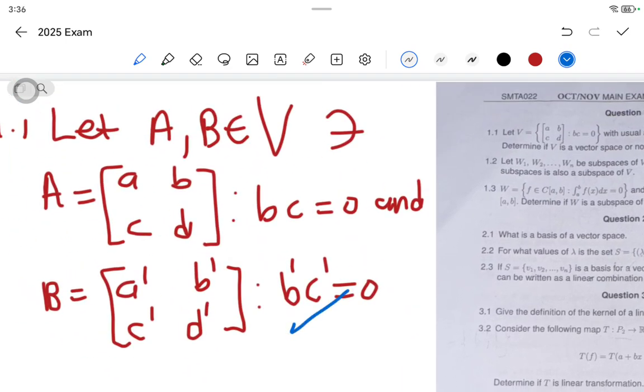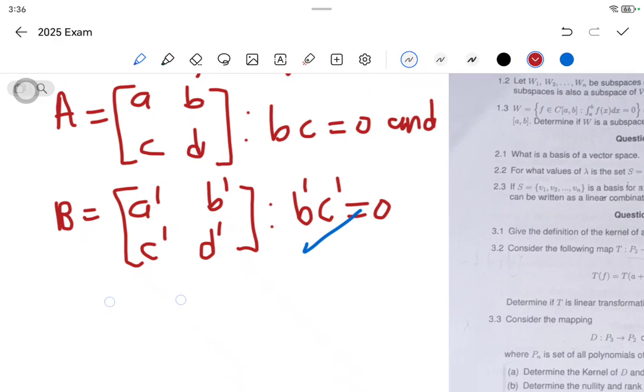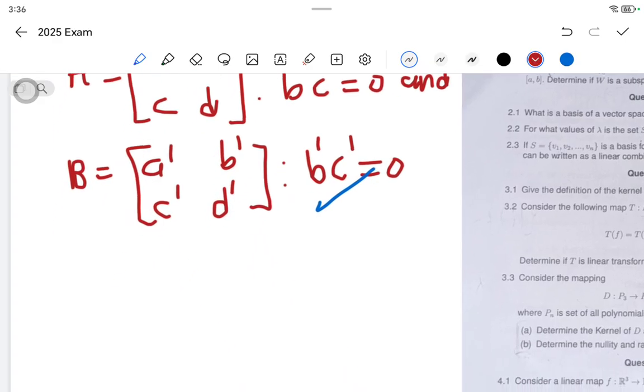You get your mark. Then after this, we are first going to check closure under addition. So when you are checking closure under addition, you need to write that now I'm checking closure, that this is closure under addition.